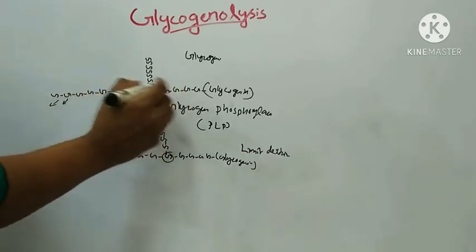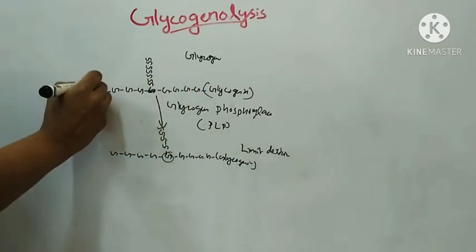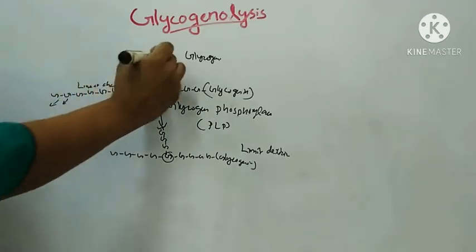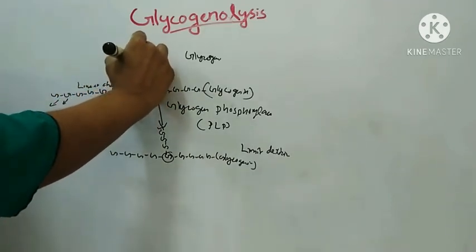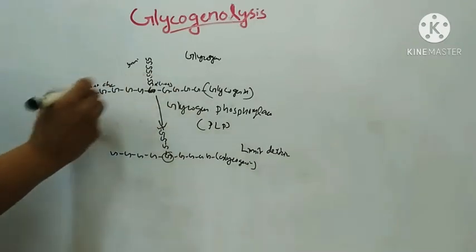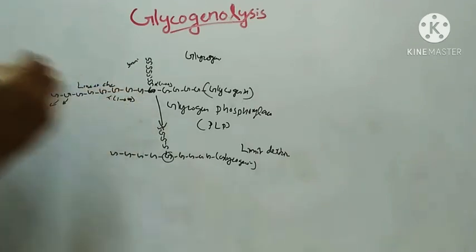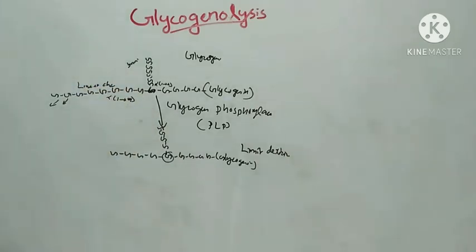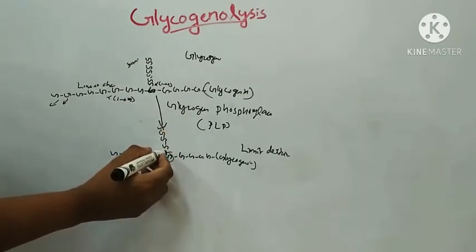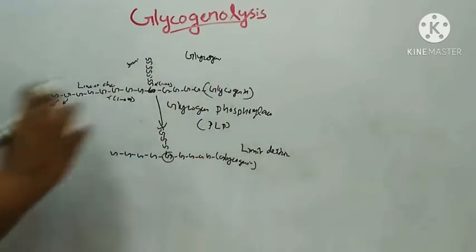Here in this glycogen, this is the linear chain, and this is the branching chain. Here the linkage is alpha 1,6 linkage, and in the linear chain it is alpha 1,4 linkage. So we got limit dextrin. As it is nearer to the alpha 1,6 glycosidic linkage, the action of glycogen phosphorylase stops.